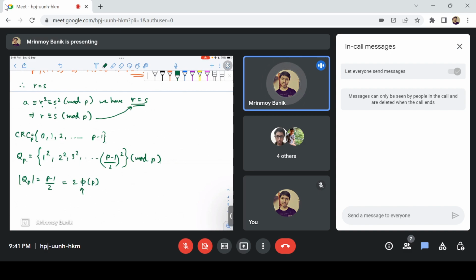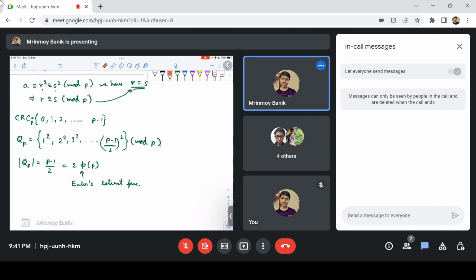This phi function is called Euler's Totient function, which returns the number of numbers less than p and relatively prime to p.